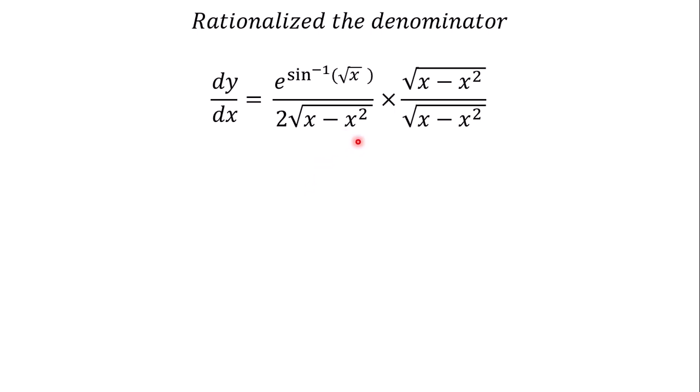Okay, so when you are rationalizing, that's how you can take the square root from this side. You take this one and multiply it by the numerator and at the same time by the denominator itself.